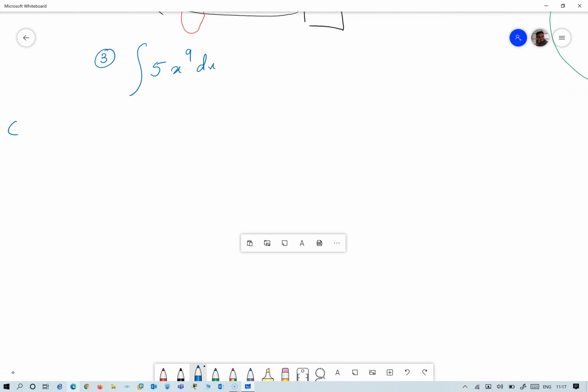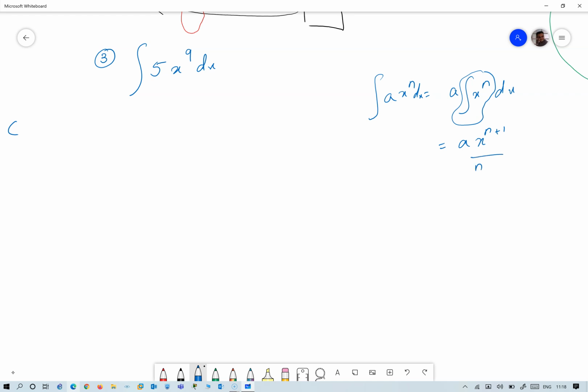the question is integral a x to the power n. Everything remains the same except that you need to add this constant. So integral a times x to the power n is a integral x to the power n dx, and you already know the answer to integral x to the power n, which is x to the power n plus 1 over n plus 1 plus c.